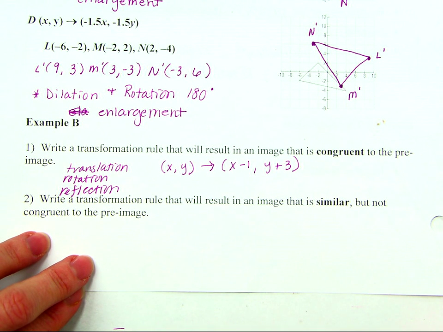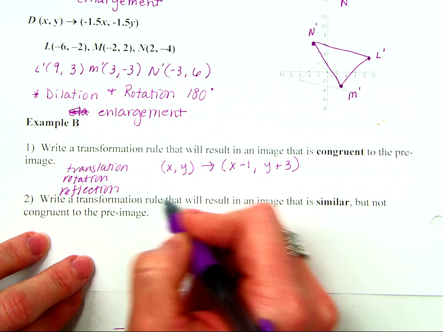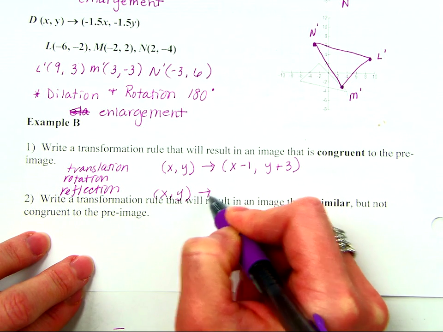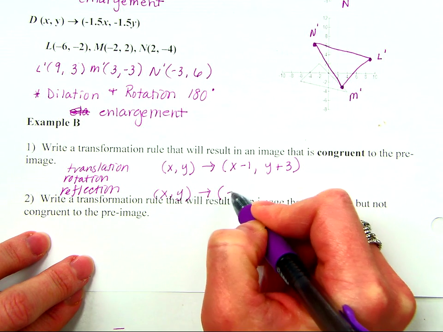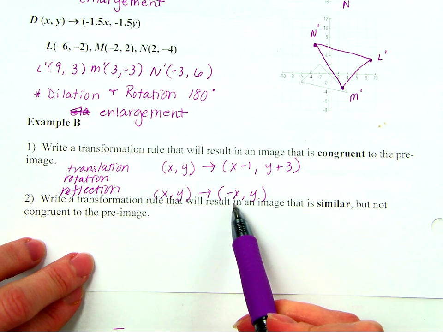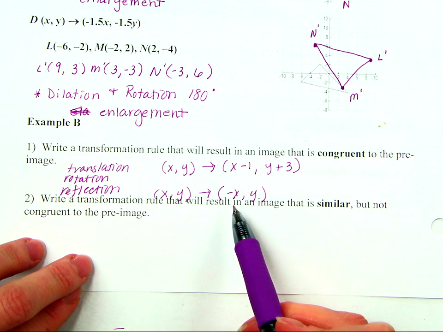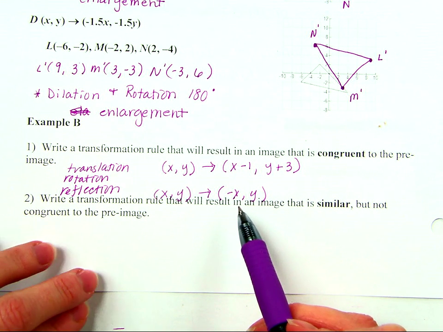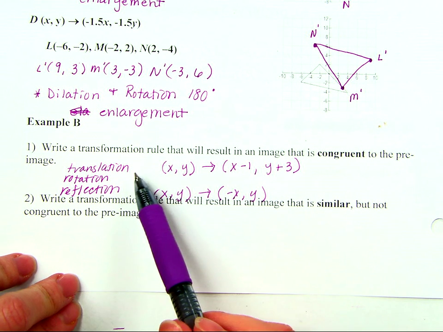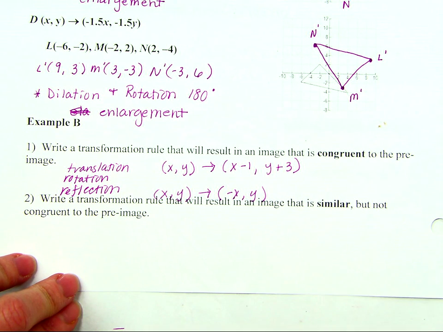Or maybe you want to run an example of a reflection. If I wanted to do a reflection example, I could say take x, y, and map it to the point negative x, comma, y. This would result in a reflection over the y-axis. So there are many different answers that would work for this. In fact, everybody could have something a little bit different. But we want to make sure that it would fall into one of those 3 categories.